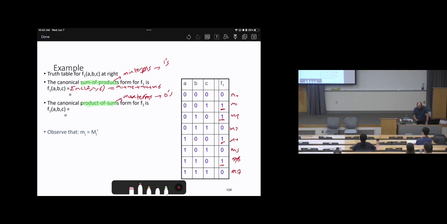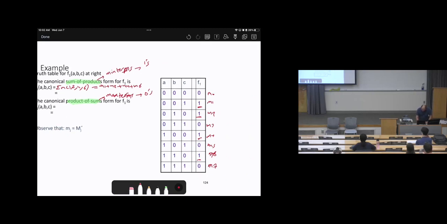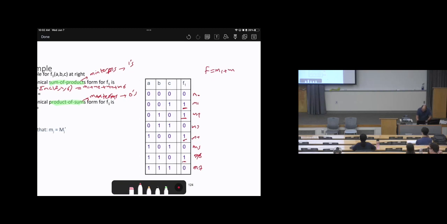Now, in terms of ABC, we need to do the following simplification. I don't have space here, so I'm going to write it here. We already agreed that F equals m1 plus m2 plus m4 plus m6. 1 is equivalent to 0, 0, 1. 2 is equivalent to 0, 1, 0. 4 is 1, 0, 0. 6 is 1, 1, 0.